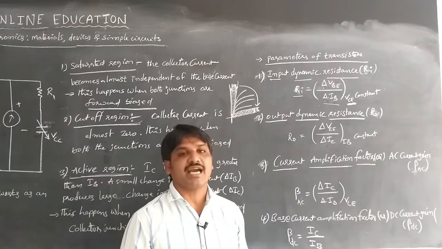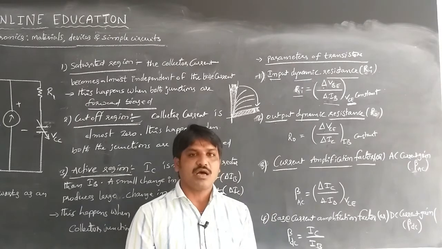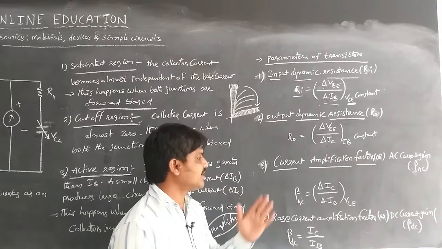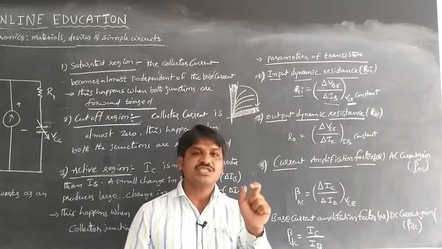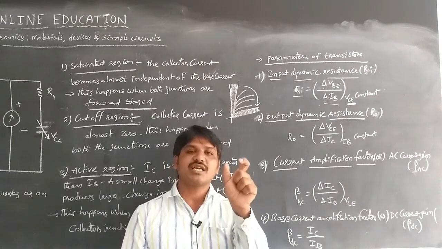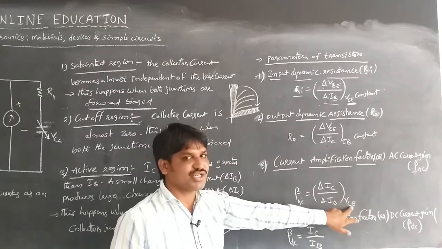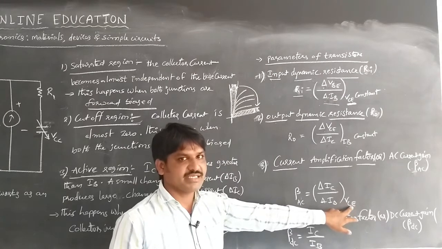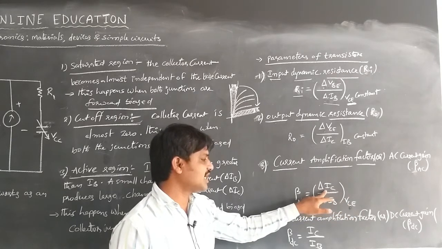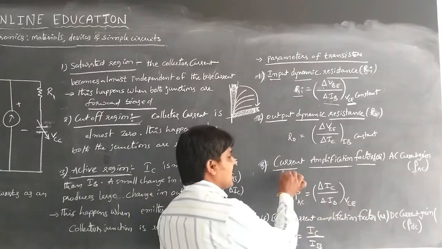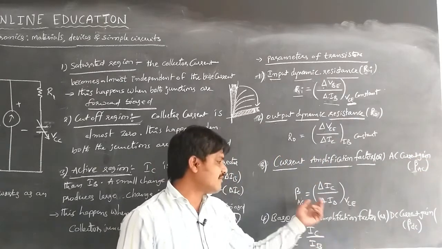We can get the AC current gain from the input and output characteristics: the ratio of the change in collector current to the change in base current, keeping the collector emitter voltage constant. This is called the current amplification factor or AC current gain, denoted beta AC.